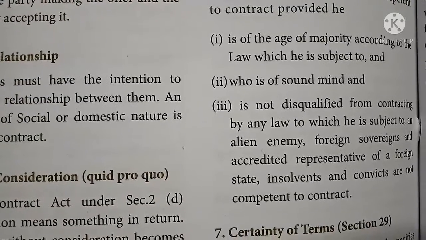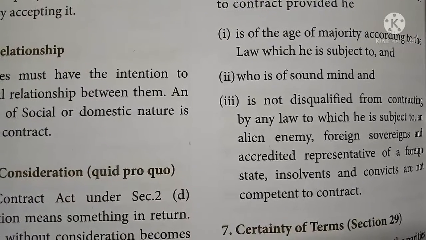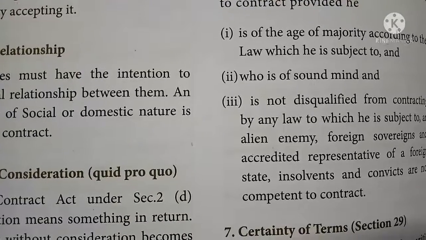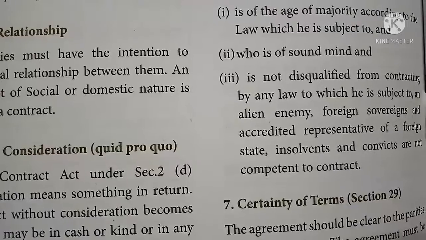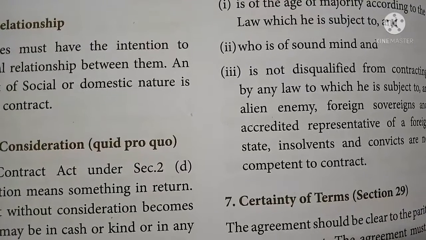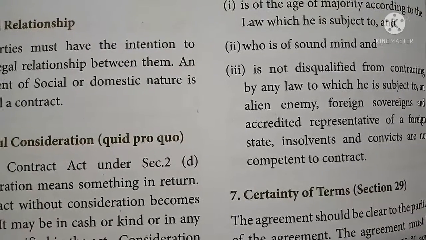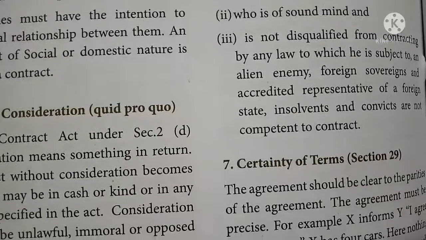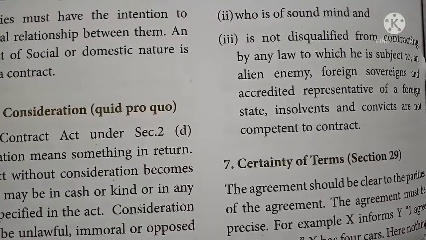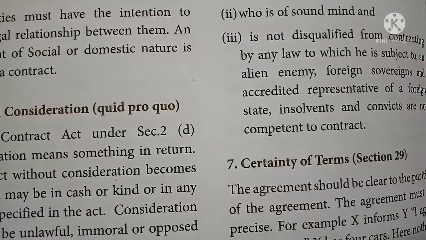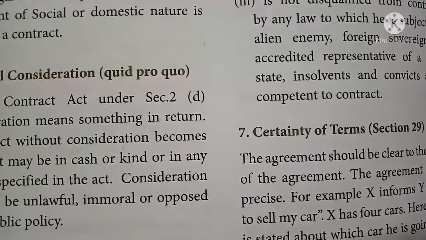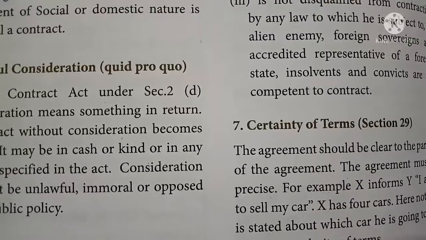An unsound mind person may not enter into the contract, and he is not disqualified from contracting by any law to which he is subject, such as an alien enemy, foreign sovereign, and accredited representative of a foreign state. Insolvent persons may not enter into a contract.